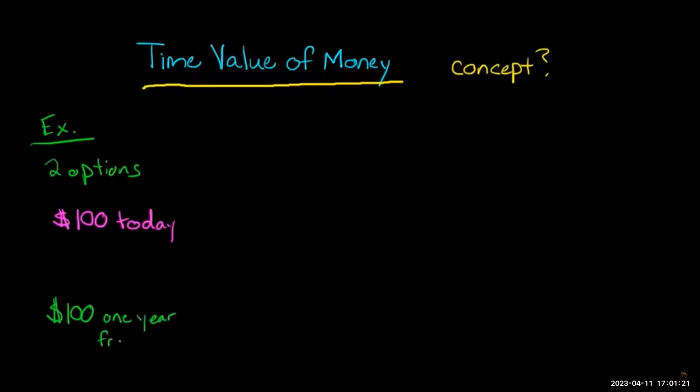Let's just assume for a moment that when I say I'll give you the $100 1 year from now, that's certain. It's guaranteed. You either get $100 today or you get $100 1 year from now, but either way, there's no risk associated with it. You're going to get the $100.